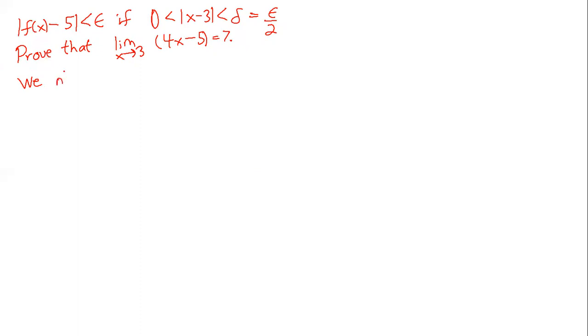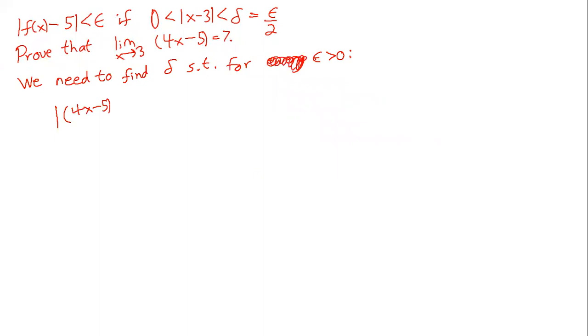So we need to find delta such that for every epsilon greater than 0, or I guess I should say for epsilon greater than 0, but for any of the epsilons.